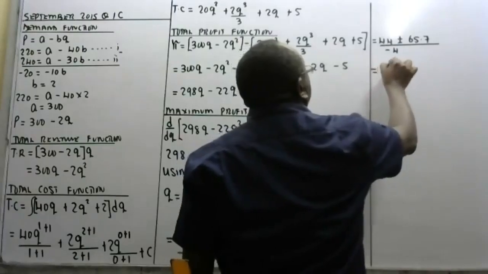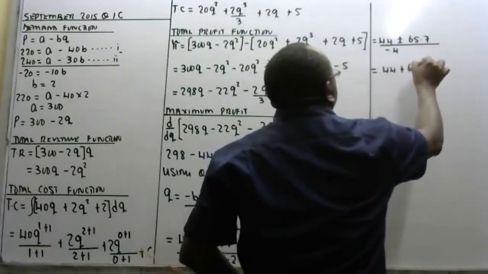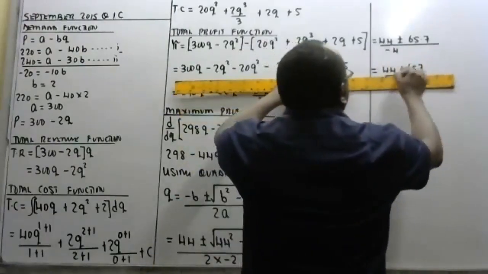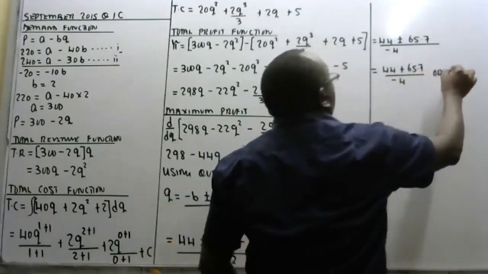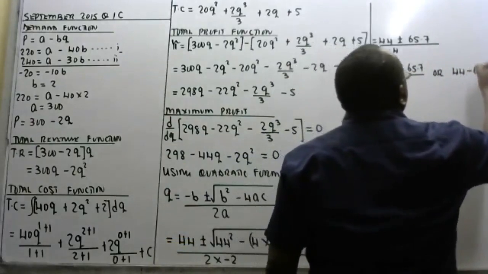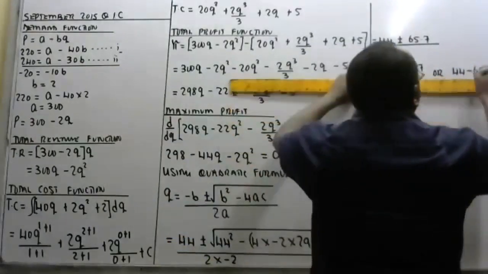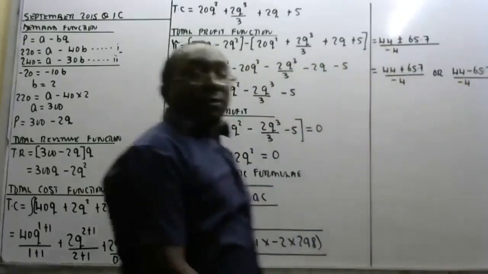So this becomes 44 plus 65.7, you divide by minus 4, or 44 minus 65.7, you divide by minus 4.